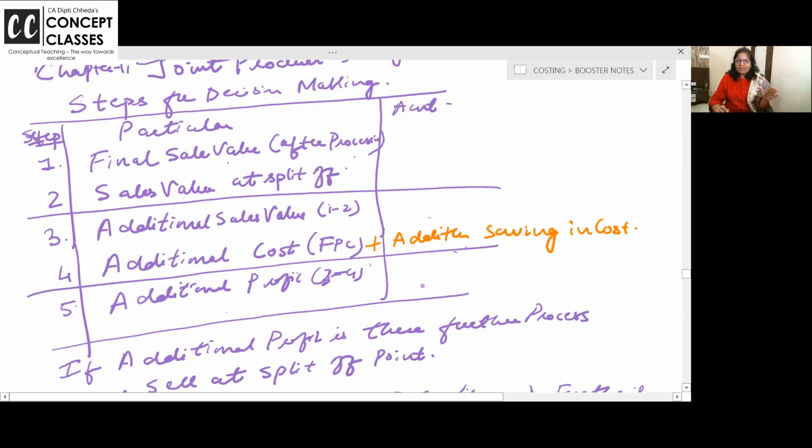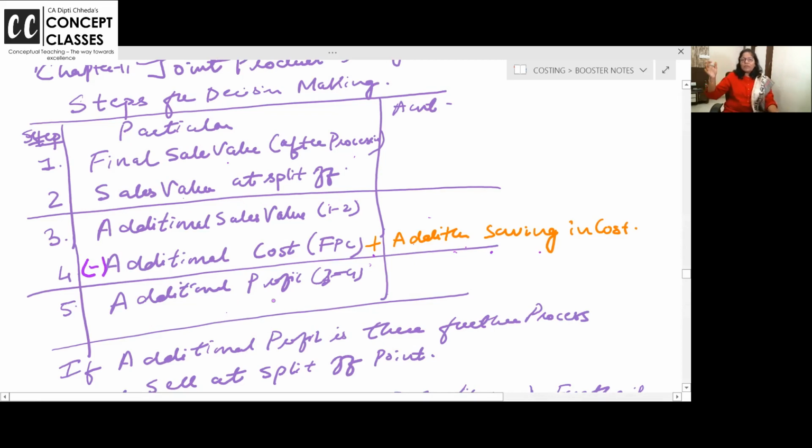Once again. What is the final sales value? Less: the sales value at the split off point. Third step, additional sales. Fourth step, additional cost. Additional cost you have to deduct, minus. But if you have saved, you have to add, and you will get additional profit.